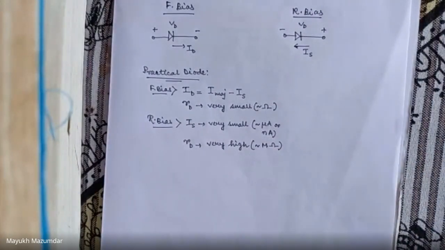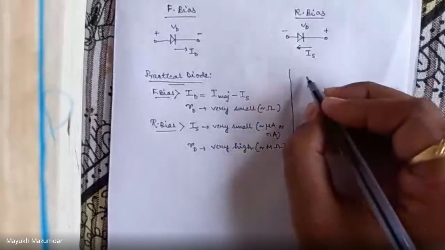In fact, Bikramjit sir taught you how to identify the leads of a diode. Those who have done it will remember that sir just measured the resistances. Reverse bias gave resistance in mega ohm and forward bias gave in ohms. Clear, everyone? Now come to the ideal case.